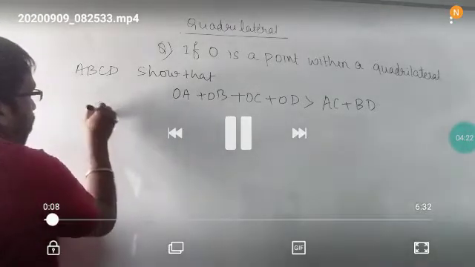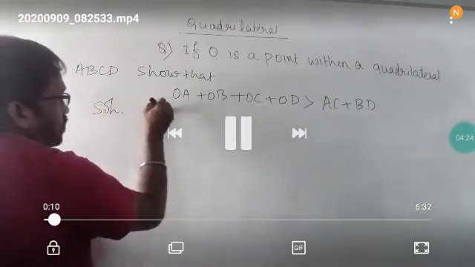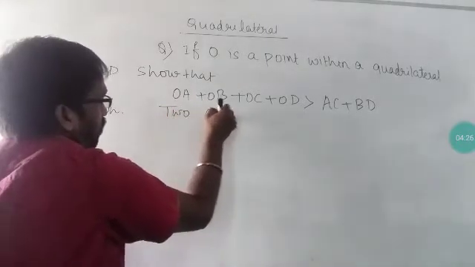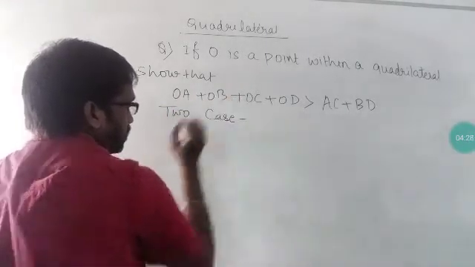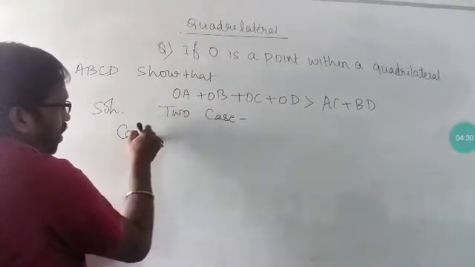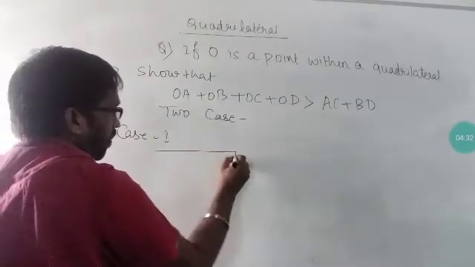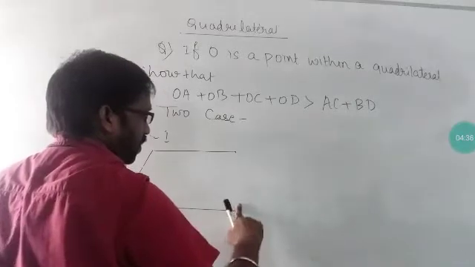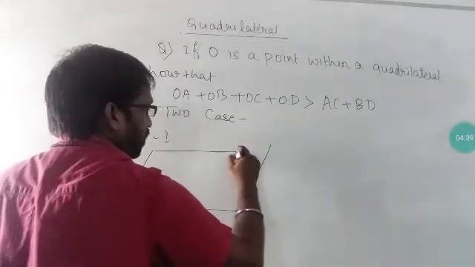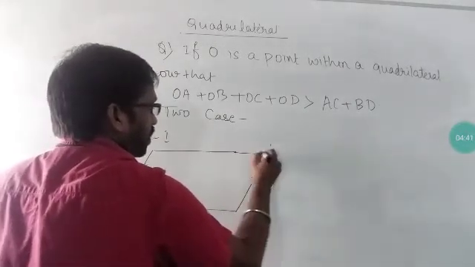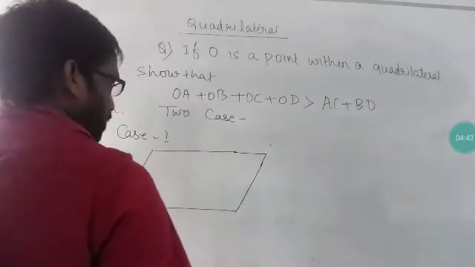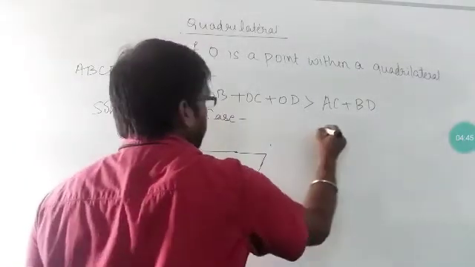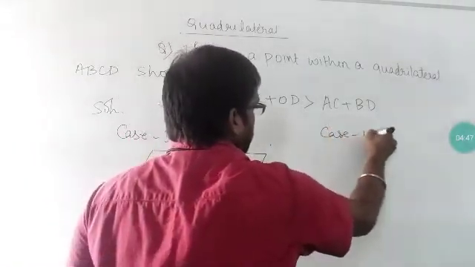Now I will first draw two quadrilaterals, because I have to explain two cases: one which is possible and one which is not possible. Even then, we can think of both cases. This is the figure of case 1. Now the figure of case 2.